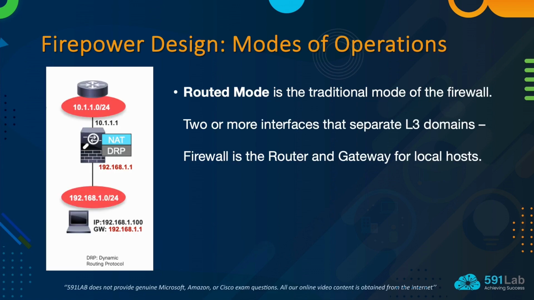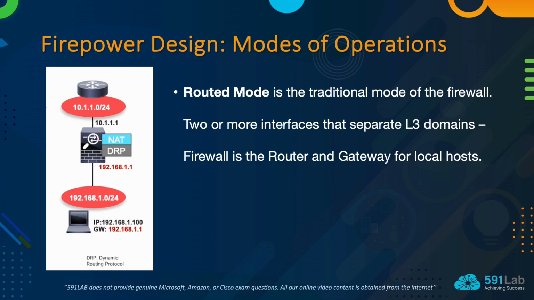The first mode of operation that we are going to look at is routed mode. Routed mode is the most traditional mode of operation for a firewall. In routed mode, the Firepower device acts as a layer 3 router, which means it can route traffic between different networks based on their IP address.